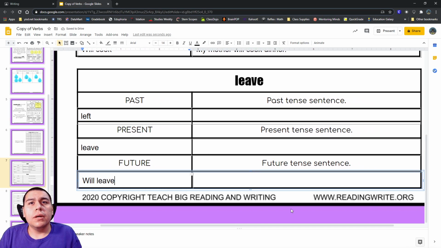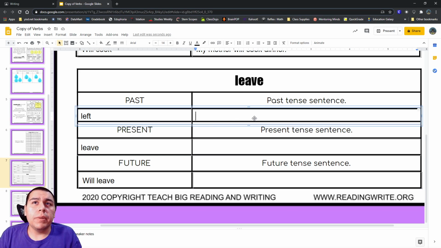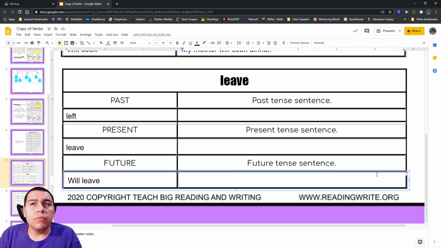Okay? Now I need help on the sentences. Who can give me either a past, a present, or a future tense sentence for this verb? Bella, can you give me one?